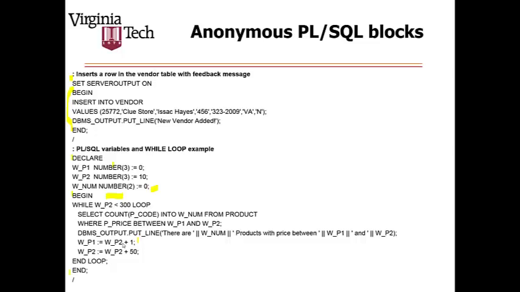This should be WP1 equals WP2 plus 1. P2 equals P2 plus 50. That's an interesting query as you think how it's going to go through there.